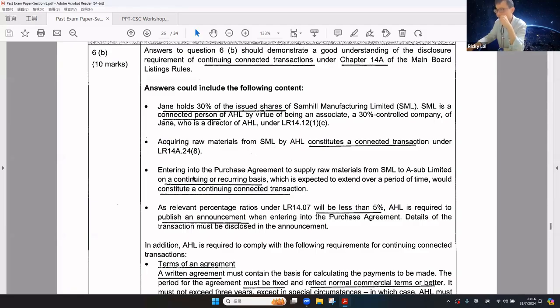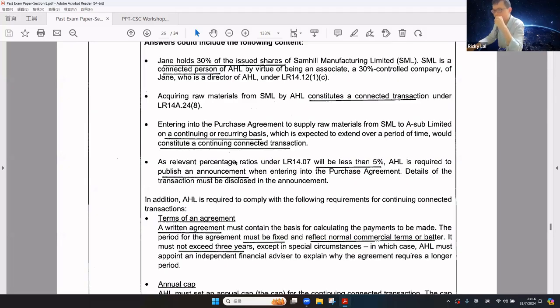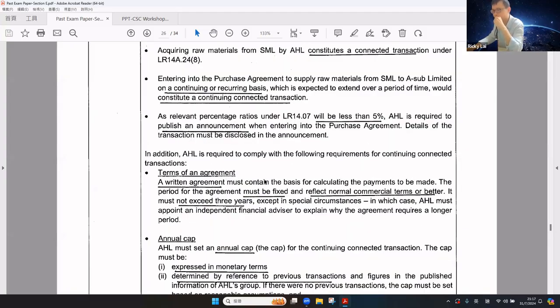Entering into the purchase agreement to supply raw material from SML to the listed company on a continuing or recurring basis, which is expected to extend over a period of time, could constitute a CCT. All the percentage ratios will be less than 5%. The company is required to publish an announcement when entering into the purchase agreement.